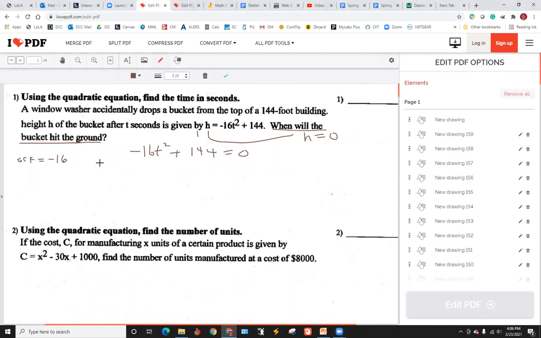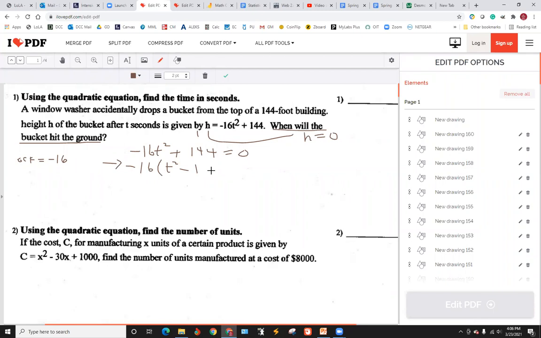So that means we're going to have -16 times t squared minus 1. Oh, sorry. How many times does 16 go into 144?